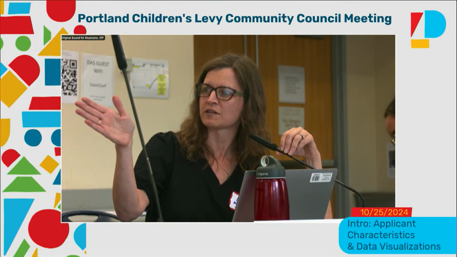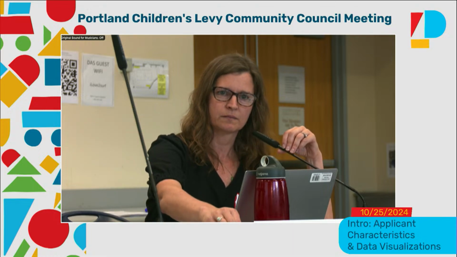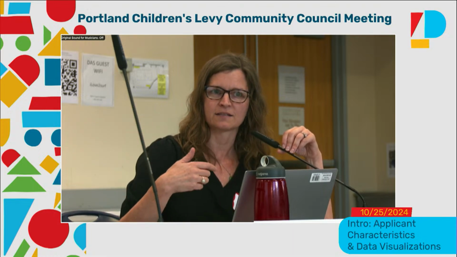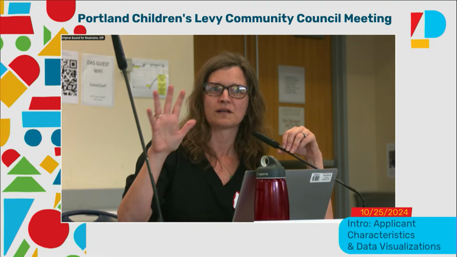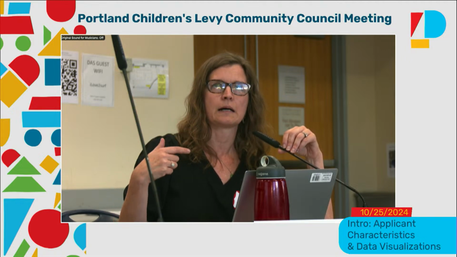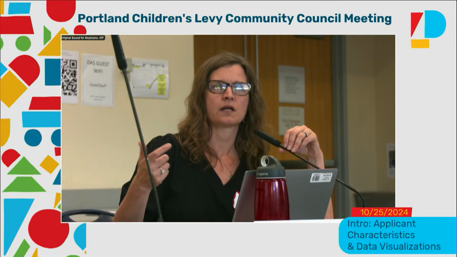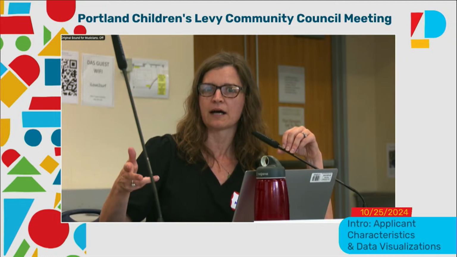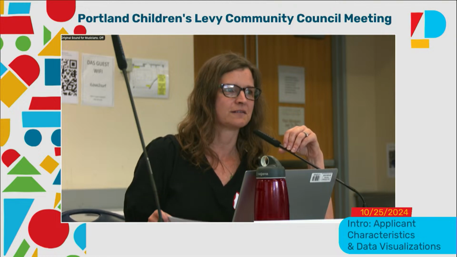So while you may have to declare a conflict early on, you will not be in a position of knowing Portfolio A contains an application that I know about or Portfolio B does. So that's sort of the anonymity, and we're going to get into the characteristics that will help you think about how should staff form portfolios, and then ultimately, how will we decide between them? So that's the ride we're about to go on.